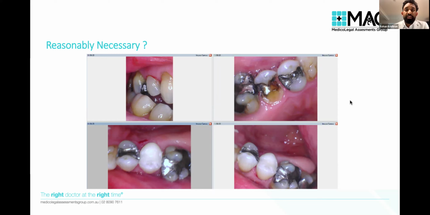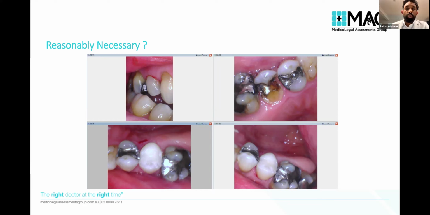Now, if that presented from a workers' comp claim because the person had a punch to the face and a direct trauma and there was a fracture to that tooth, well, we'd say yes, okay, maybe there is a case there for this to be repaired and the claim could stand.